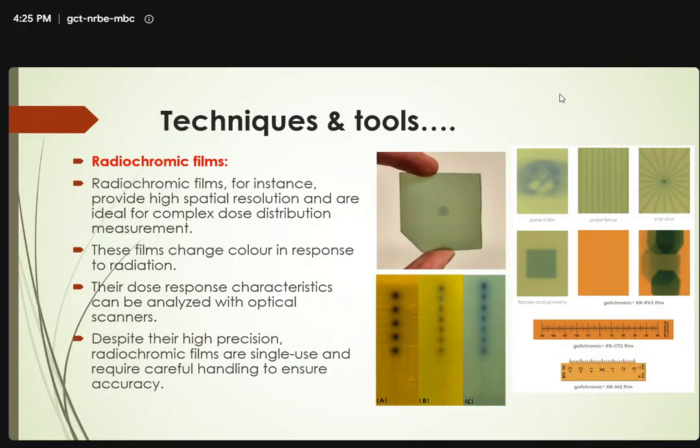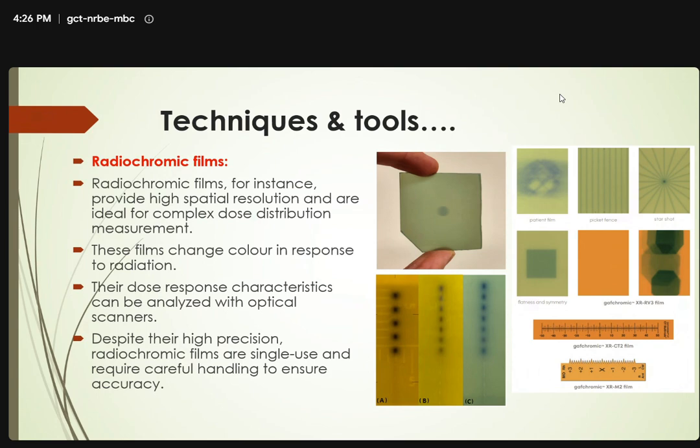Next is radiochromic film. We are aware of this type of films being used in the clinic, and radiochromic films, for instance, provide high spatial resolution and are ideal for complex dose distribution measurements. These films change color in response to radiation.